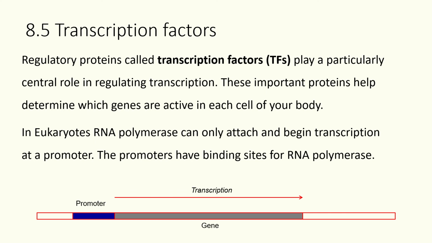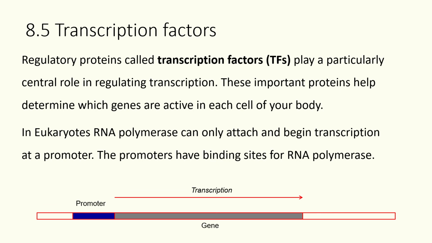In eukaryotic organisms, RNA polymerase can only attach and begin transcription at a promoter. The promoter comes immediately before the gene that we actually want to transcribe. The promoters will have binding sites for RNA polymerase.